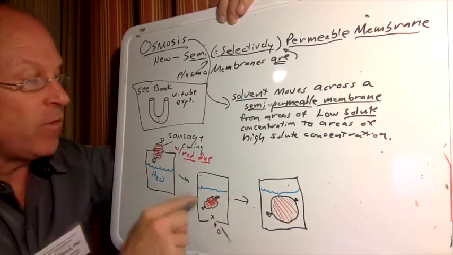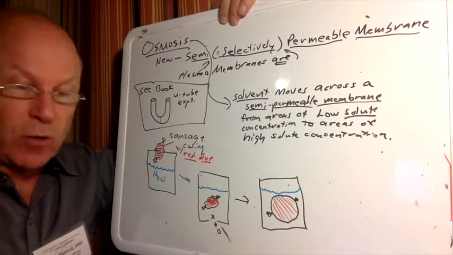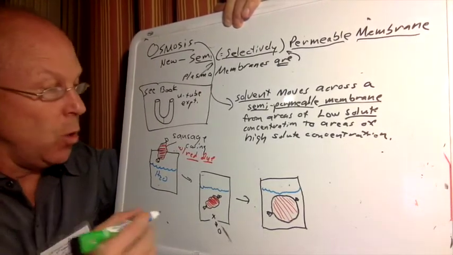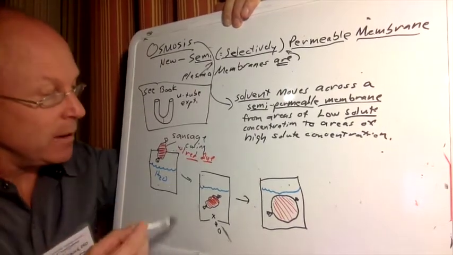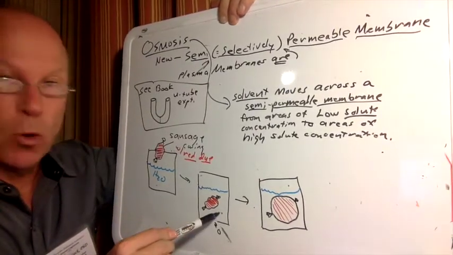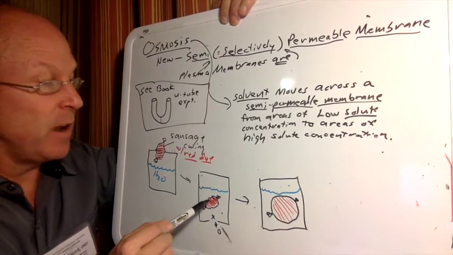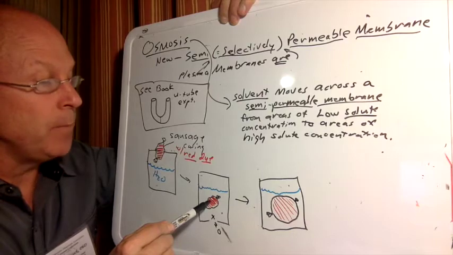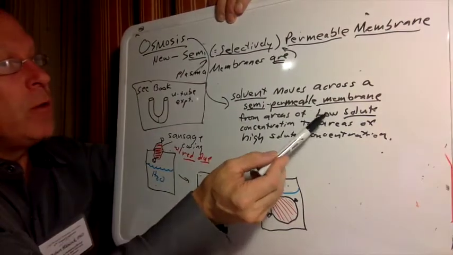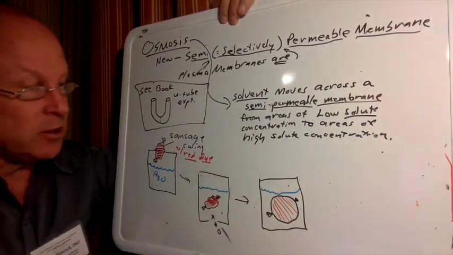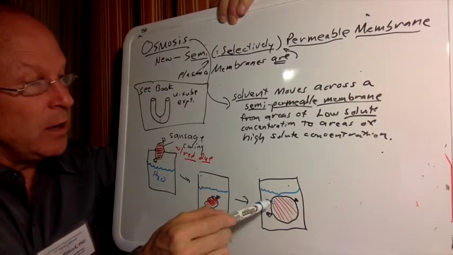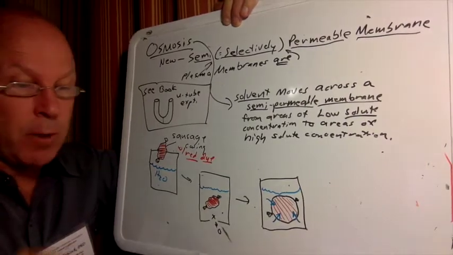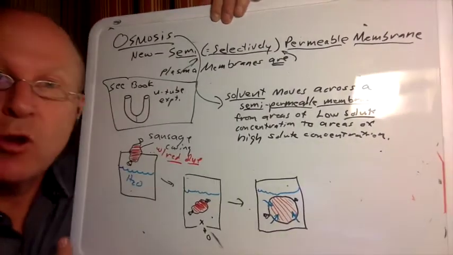Water's going to go from an area of low solute concentration, and it is radically low right here, that's just pure water, and then inside here, the solute concentration is quite high. So it's going to go from low solute to high solute concentration. That means it's going to be rushing into the sausage casing, crossing the membrane to tend to an equilibrium. So there you have it.